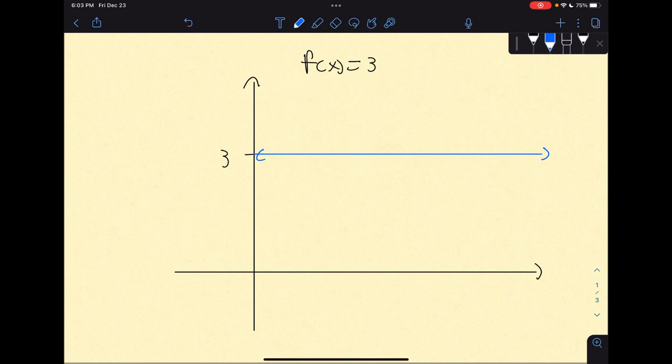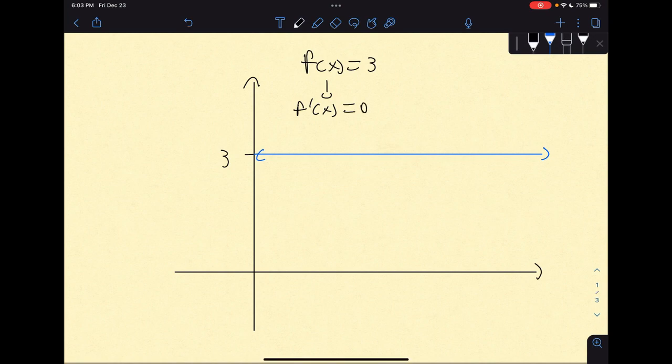And that's all it is. And we know intuitively that the slope of a horizontal line is 0, right? The rise over the run, the y2 minus y1 over x2 minus x1 is 0. There's no slope. So when we take the derivative, we also notice that f prime of x is equal to 0.